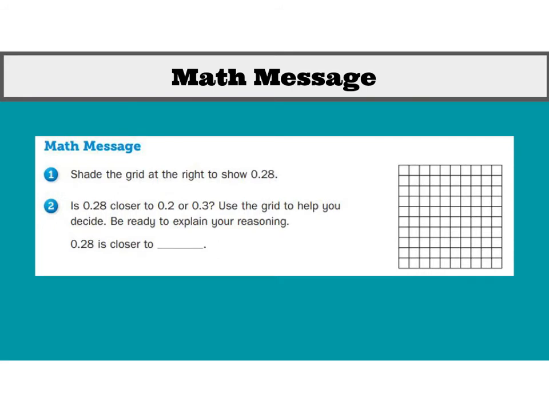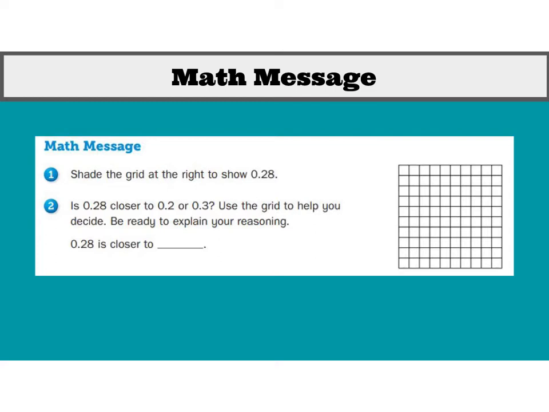Our math message today is located in your math workbook. So, for number 1 and 2 for this lesson, at the top of the page, you're going to have a grid that looks just like so. You need to shade the grid at the right to show 28 hundredths.